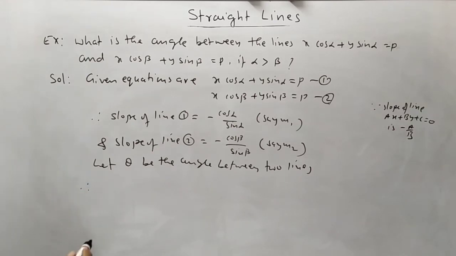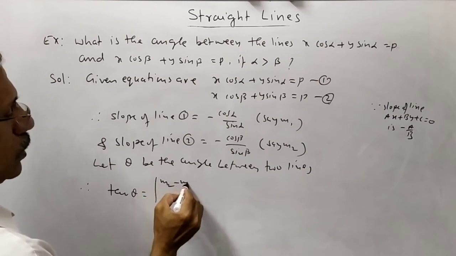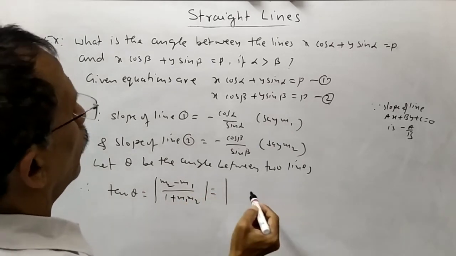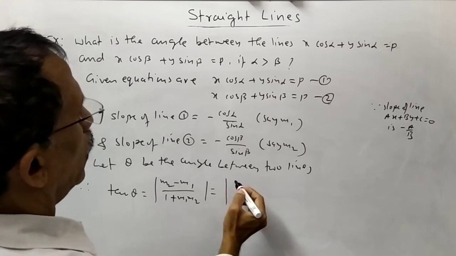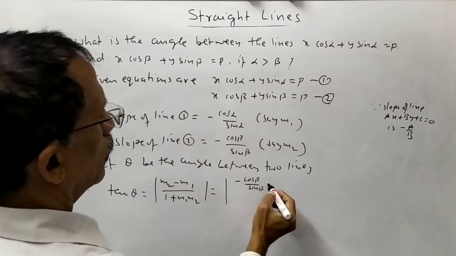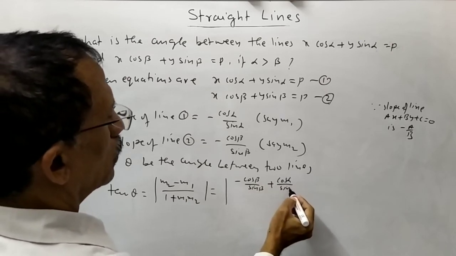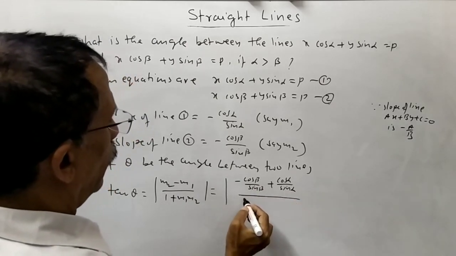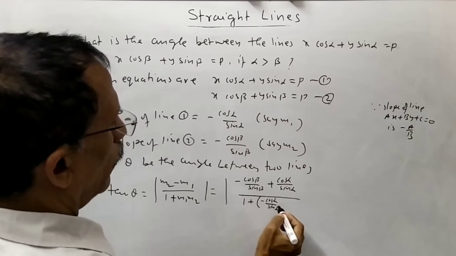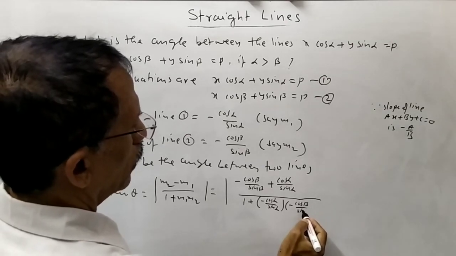Therefore, tan theta is equal to absolute value of m2 minus m1 divided by 1 plus m1 into m2, which is equal to absolute value of minus cos beta divided by sin beta minus of minus cos alpha divided by sin alpha, whole divided by 1 plus minus cos alpha by sin alpha into minus cos beta by sin beta.